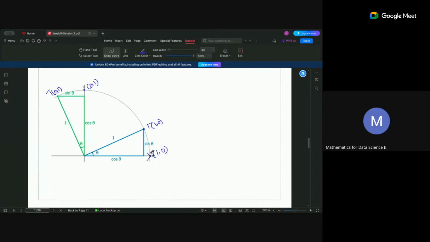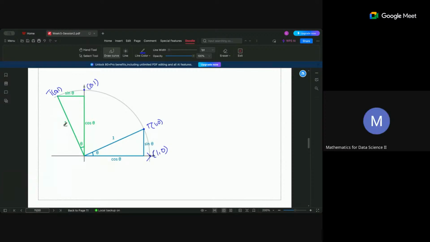First of all, do you see that this is a circle with radius 1? So this length is 1, do you agree? Okay, so this is again a circle and this is also a radius. So this is also 1, that you can see.